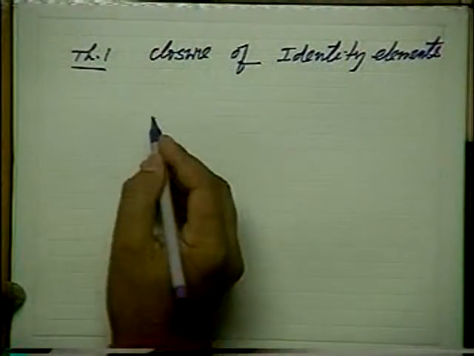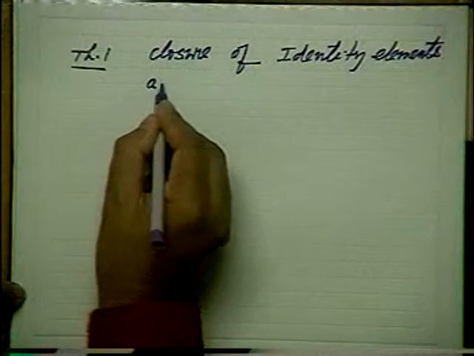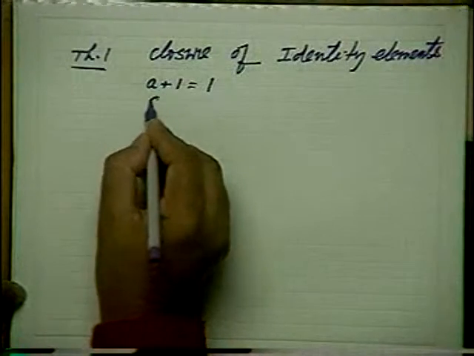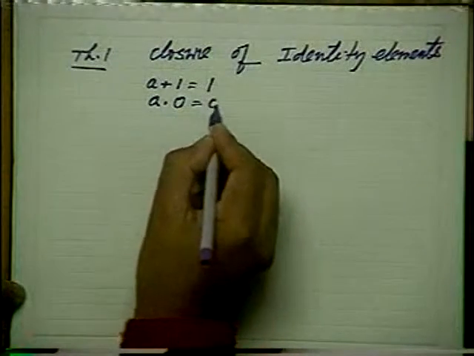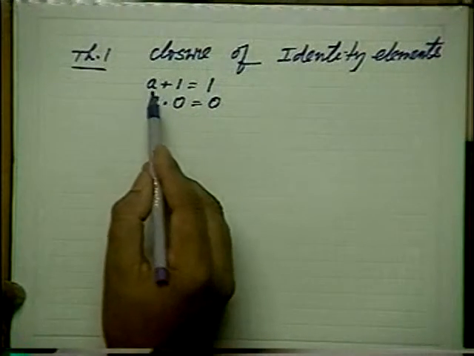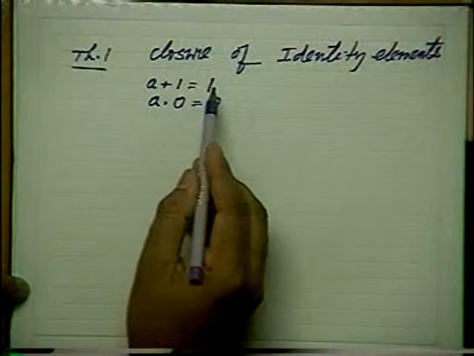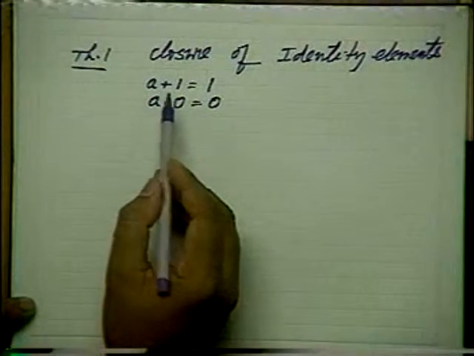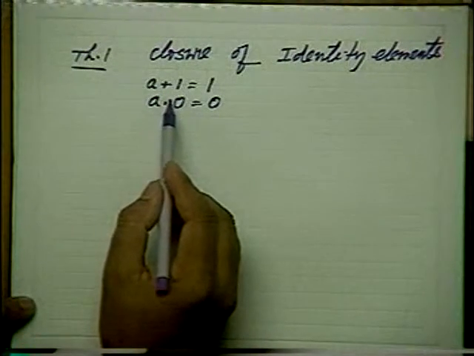Closure of identity elements, I mean this. For example, if you take A plus 1, this is equal to 1, and A dot 0, this is equal to 0. That means if we take these operations, this should be 1 and this should be 0. Now, this is a theorem because we should be able to prove this from my fundamental axioms.